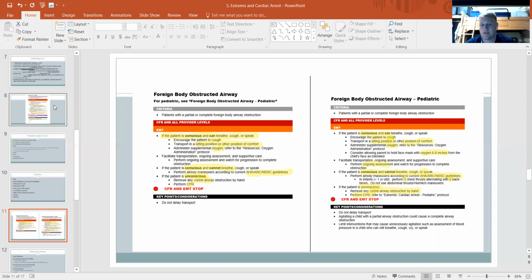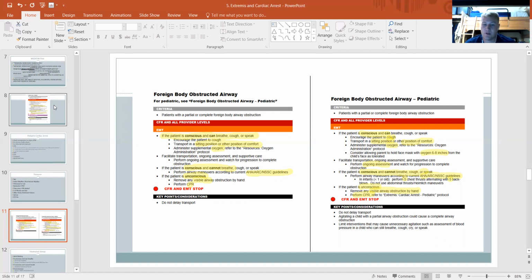If the patient is conscious and cannot breathe, you're going to perform airway maneuvers. Basically what this means is you're going to be doing abdominal thrusts or the Heimlich maneuver, except on pediatric patients, or well, specifically infants, so less than a year old. You're going to be performing 5 chest thrusts and 5 back blows, not abdominal thrusts or Heimlich maneuvers.